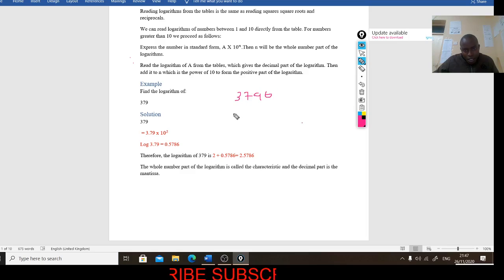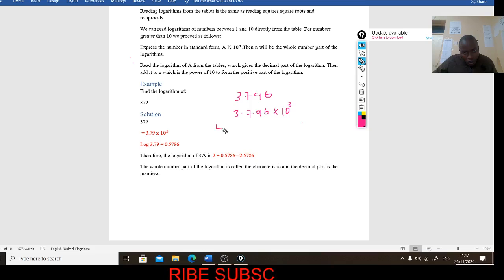I'm moving to the left, so it is 3.796 times 10 power of 3. Now we find the logarithm of this.